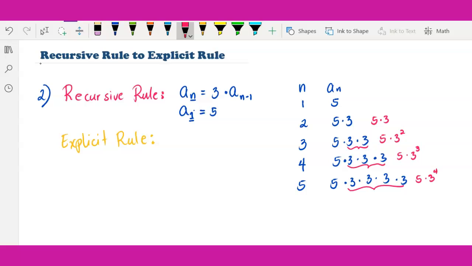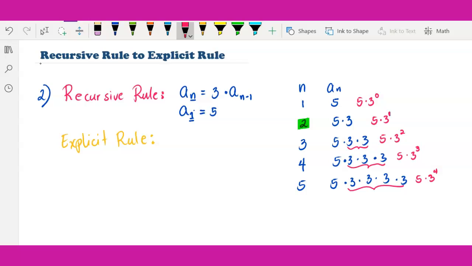Now, I want you to pay attention to n and the exponent. Okay, the exponent of 3, that's 1 over there. Should be 1. And of course, 5 is going to be 5 times 3 to the 0. There's a pattern there. 0, 1, 2, 3, 4.